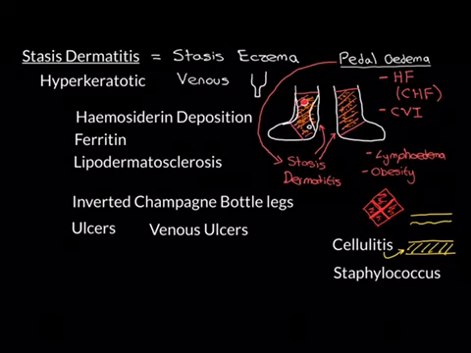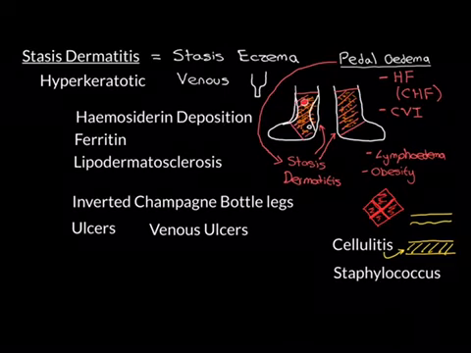In reality, though, in the real world, it doesn't happen. Cellulitis is nearly always unilateral, and therefore if you see someone with bilaterally red legs and the redness is symmetrical, and stasis dermatitis nearly always is symmetrical, as I've drawn here, it will nearly always be the mirror image on the other leg or near about the mirror image, then it is not going to be cellulitis, it is going to be stasis dermatitis.